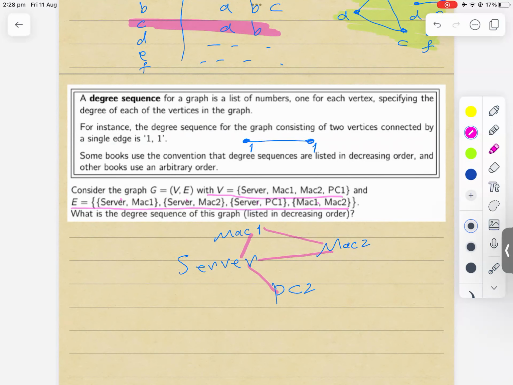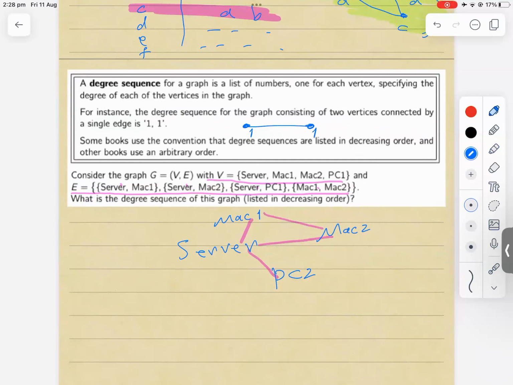What is the degree sequence of this graph? Listing in order. So the degree of PC 2 is 1. Degree of Mac 1 is 3.